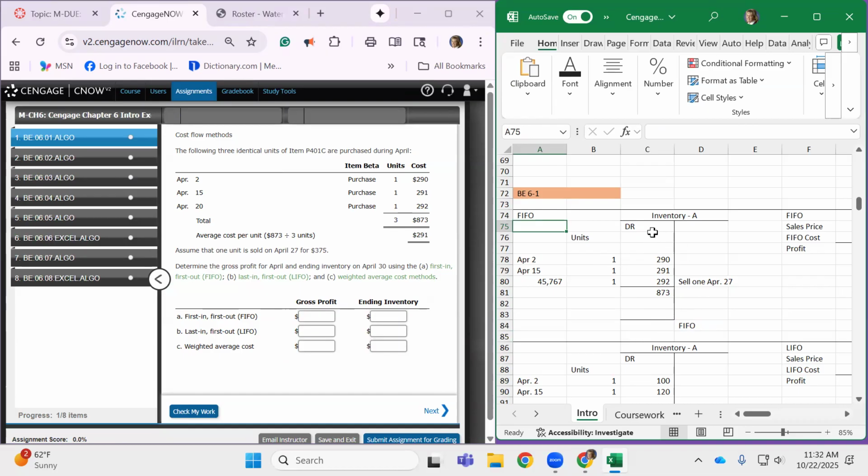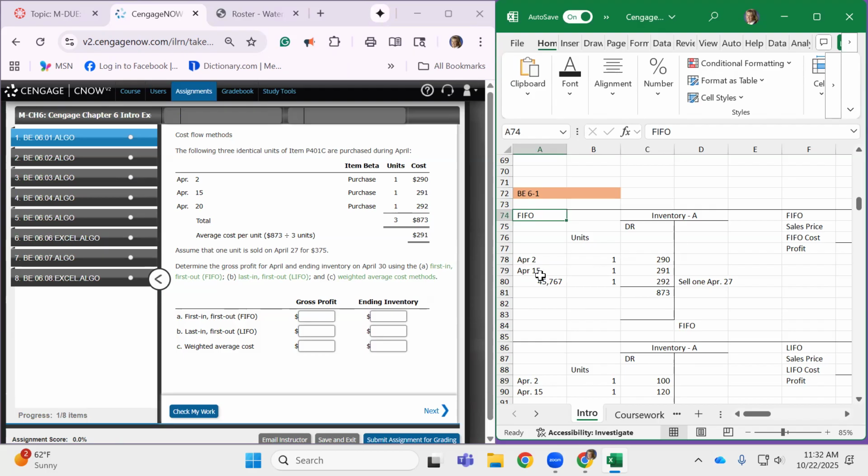So if this is first in, first out, what is the first cost sitting here? The first cost is $290, right? That's the amount we're going to use as the cost of the one we sold. It goes out of here, and then these 2 are the only ones remaining.